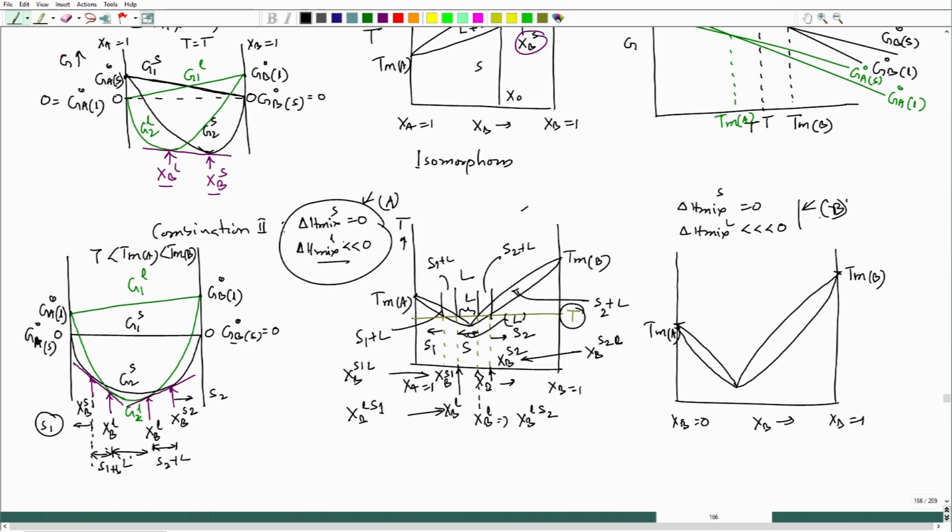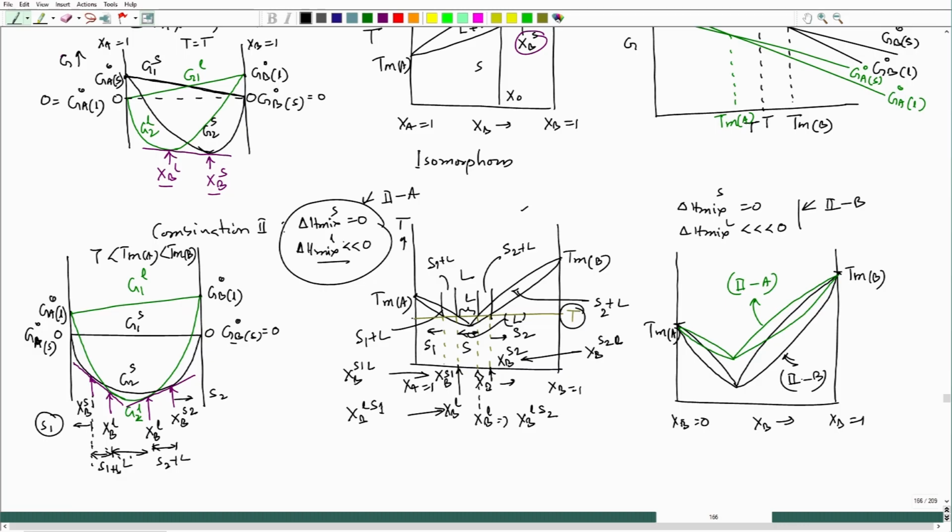Let me put different notations, let us say combination 2A, combination 2B. The black one is for combination 2, and combination 1 if I draw it with the green one, it will be lifted here. So, this one is case 2A and the black one is case 2B.